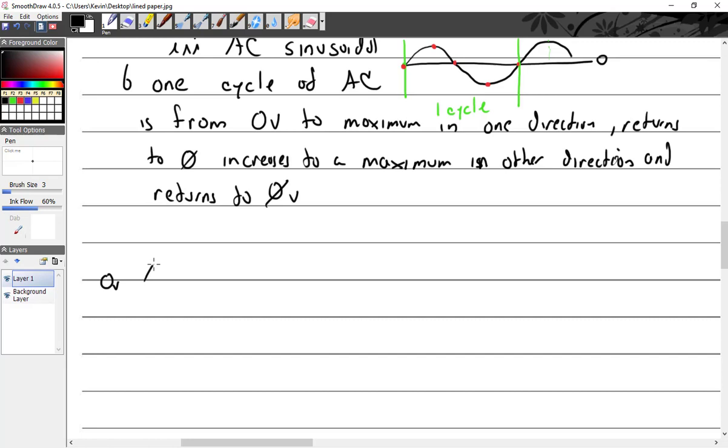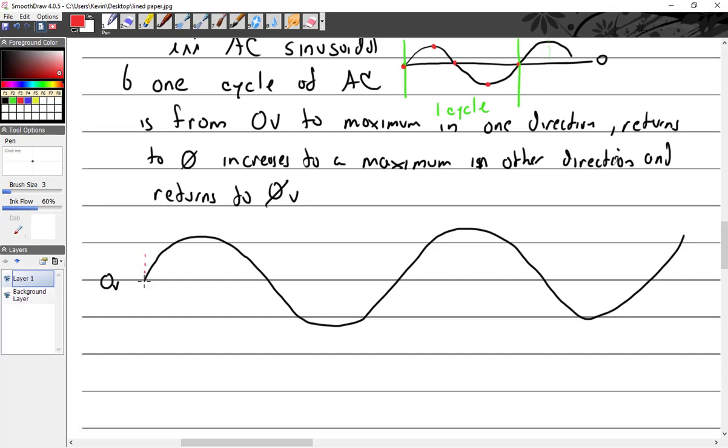So it starts here, goes up, comes down, up, goes down, back. If we look at this and think about how that loop was turning inside of those magnets, then we can think about degrees.